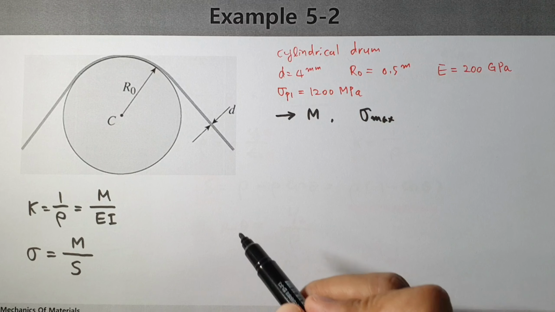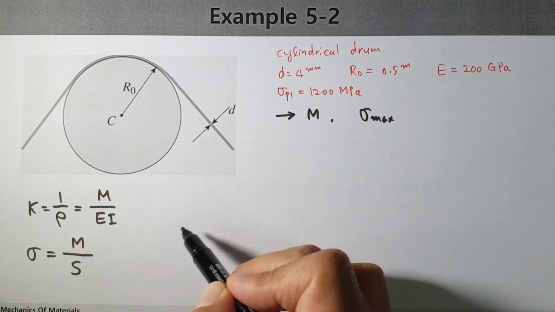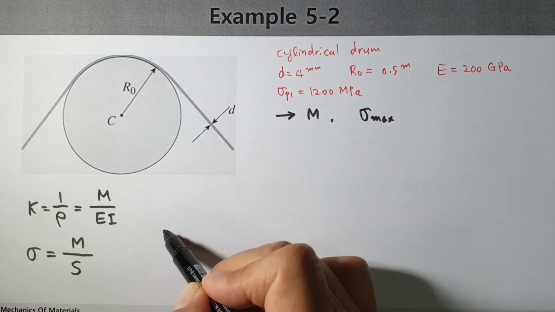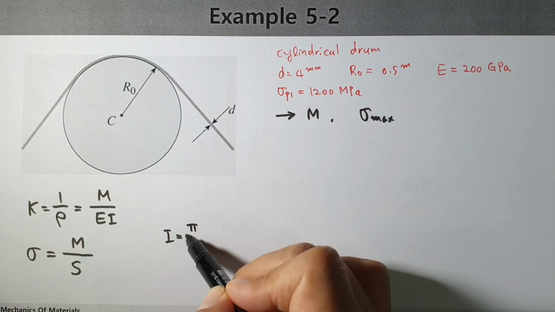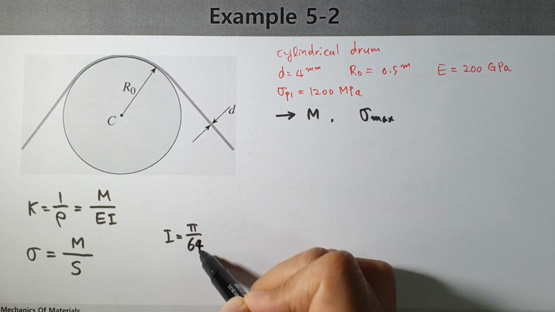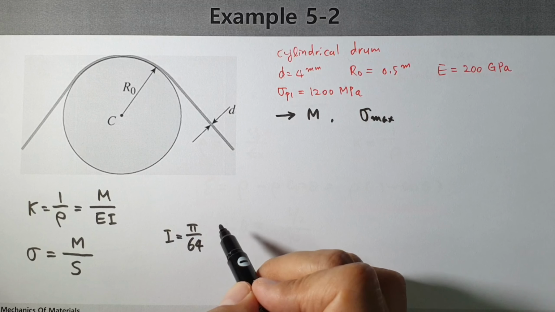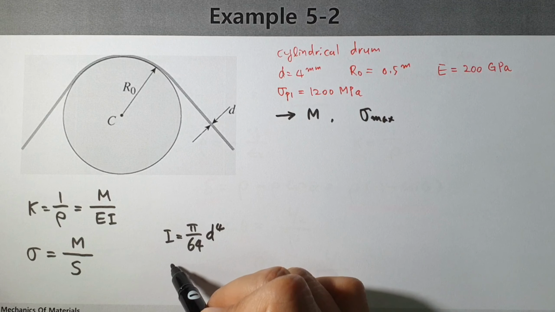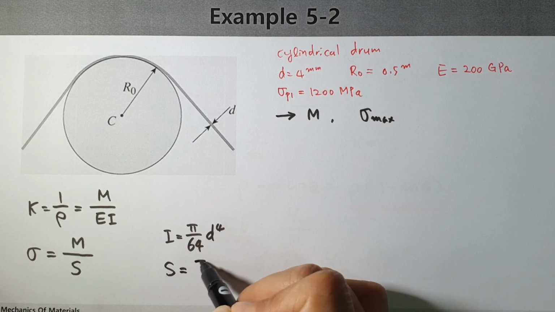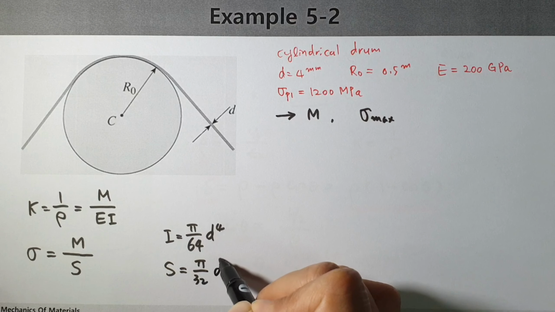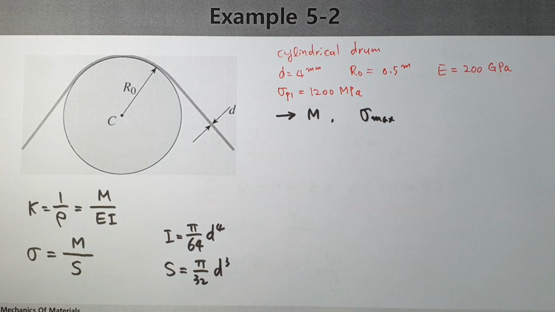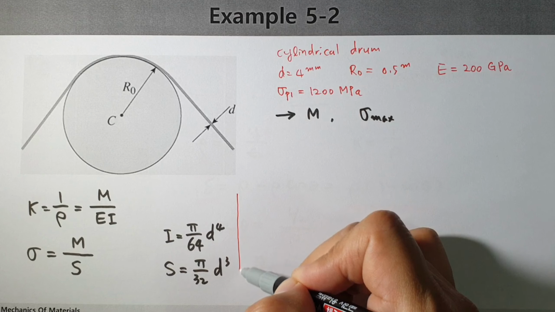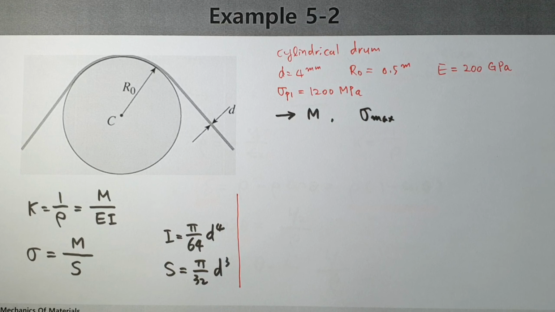Okay, I value, moment of inertia. In this case, I equals pi over 64 d4, and section modulus S equals pi over 32 d3. With this kind of relationship, we can apply in this case.